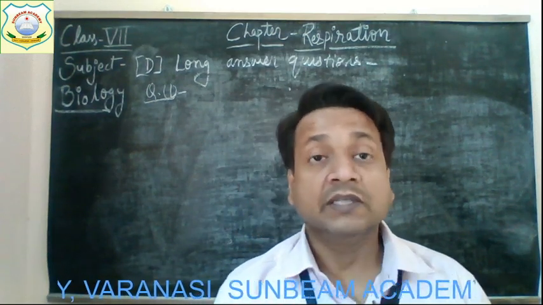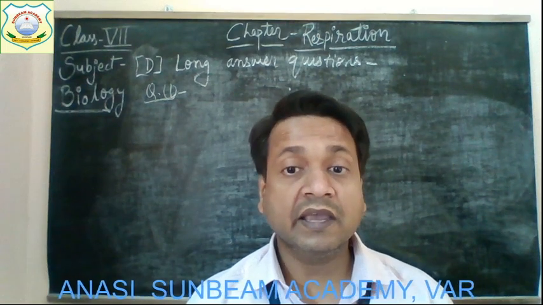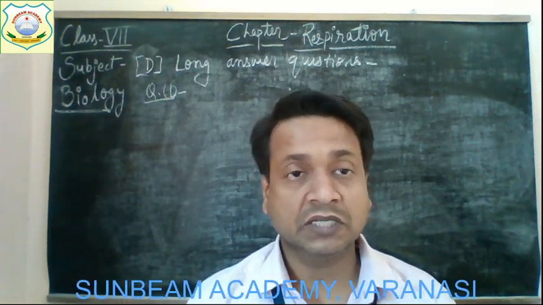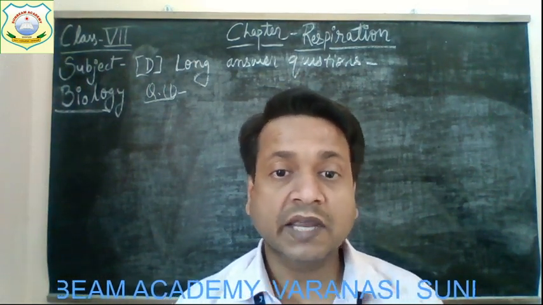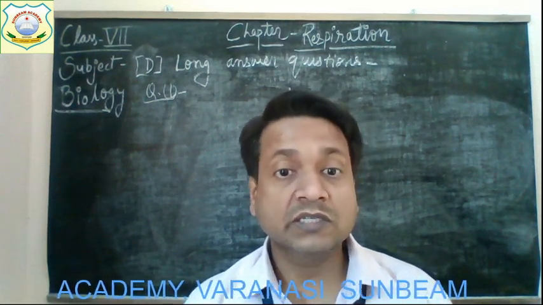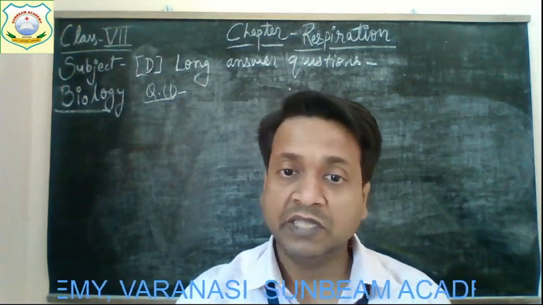Okay, so the external respiration or breathing, that is taking in air rich in oxygen, which is known as inhalation, and giving out air rich in carbon dioxide, which is known as exhalation. Okay, so this process is termed as external respiration or breathing.